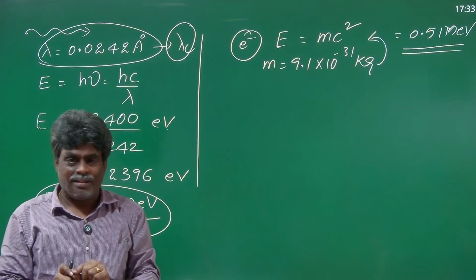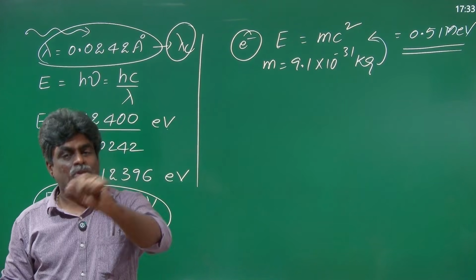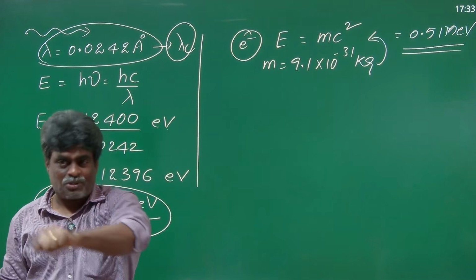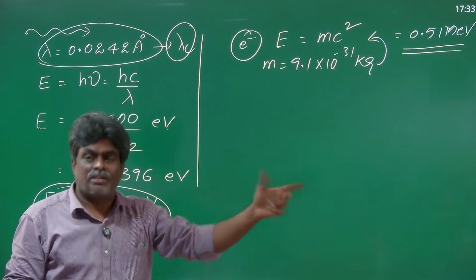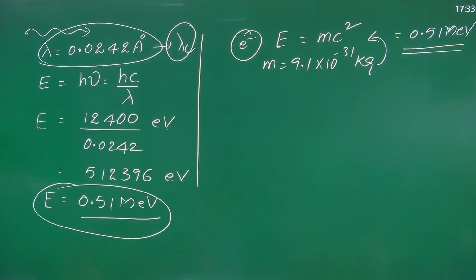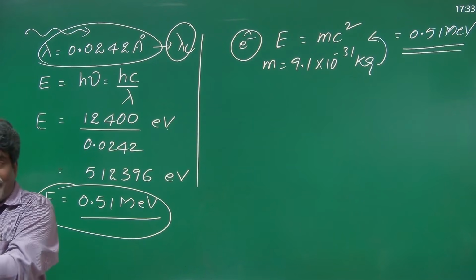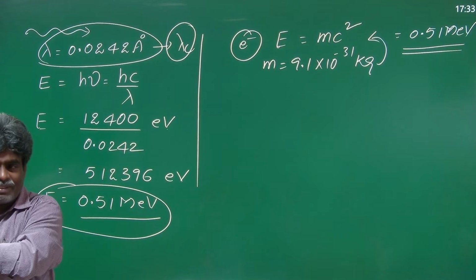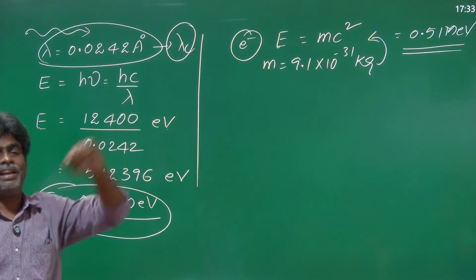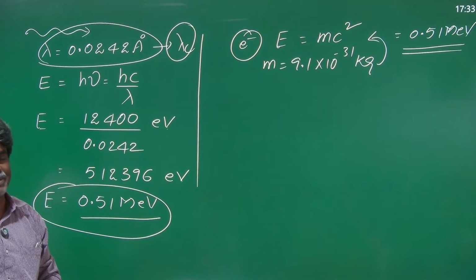The energy corresponding to the Compton wavelength of the electron is its rest mass energy. So if the photon has a wavelength equal to the Compton wavelength, then its energy is equal to the rest mass energy of the electron. That's the point.